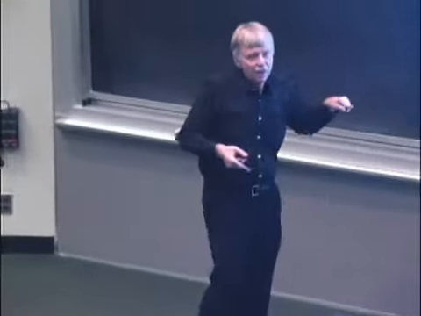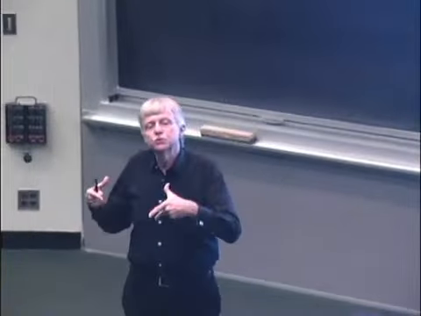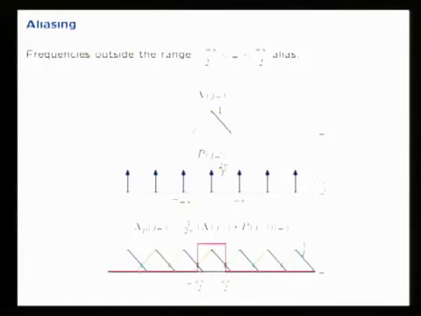You still end up in a physical system, perhaps generating signals whose frequency content falls out of that range. We saw an illustration of that last time, but for example, if you were to try to represent a signal with this transform using a sampling period T so that the impulses in frequency were separated by 2 pi over T, which happened to be less than twice this distance, then it would alias.